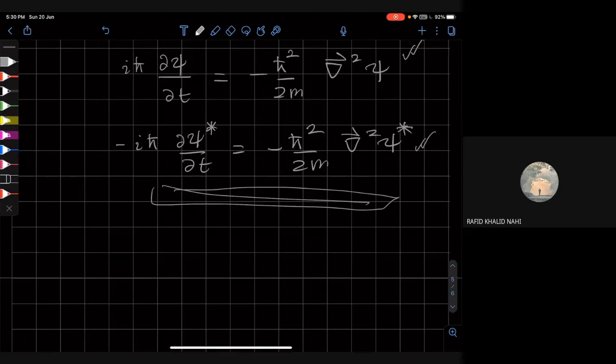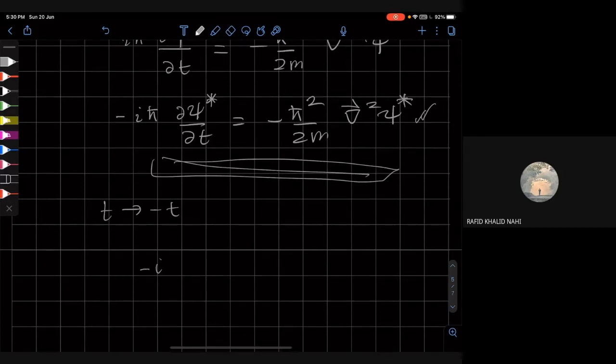But if I take t to minus t in the second equation, what do I get? I get minus i h bar del by del t psi star plus h squared by 2m del squared psi star.